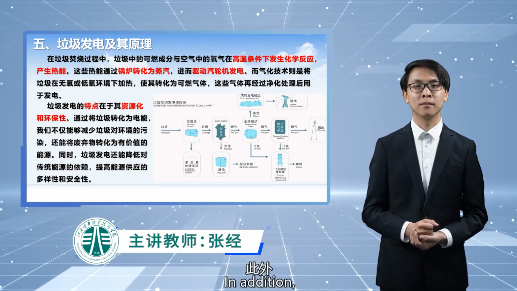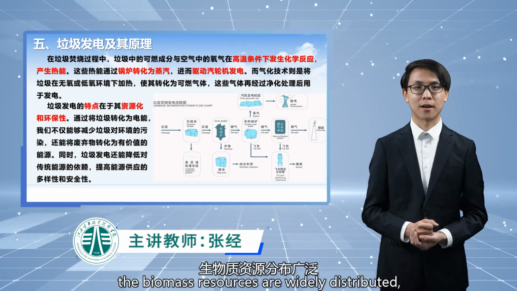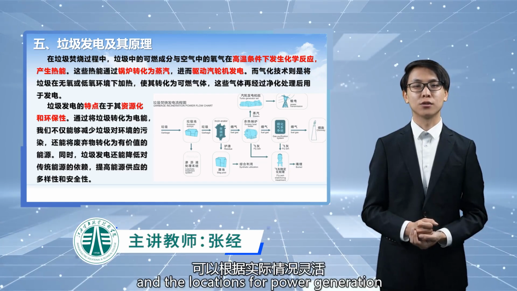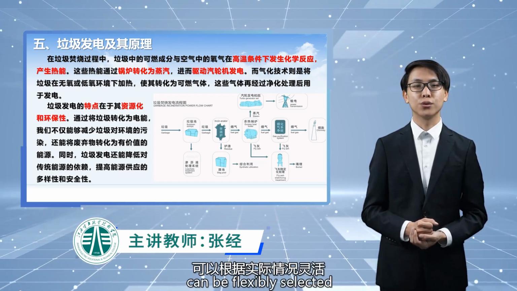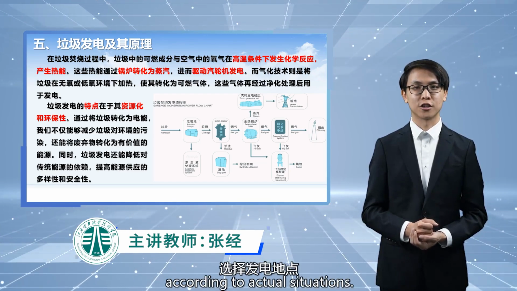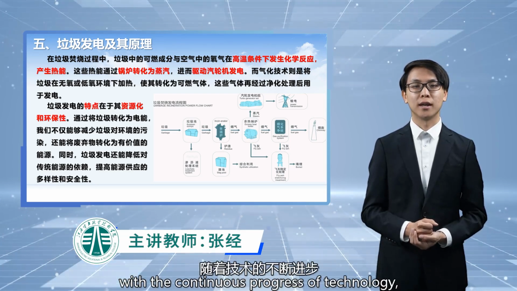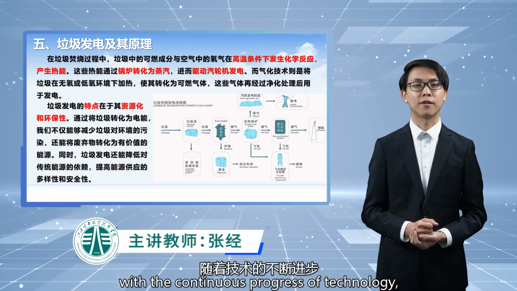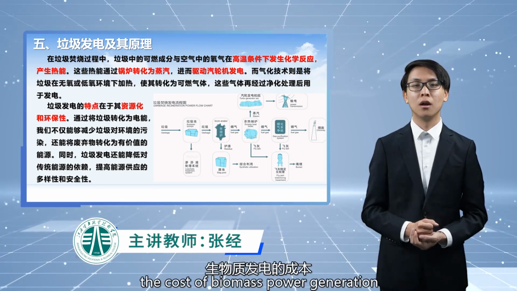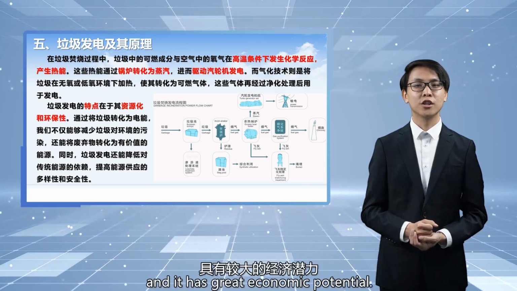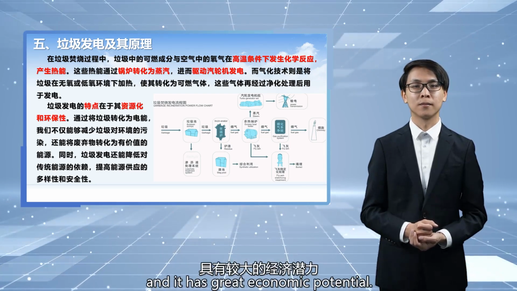In addition, biomass resources are widely distributed, and the locations for power generation can be flexibly selected according to the actual situation. Finally, with the continuous progress of technology, the cost of biomass power generation gradually decreases, and it has great economic potential.